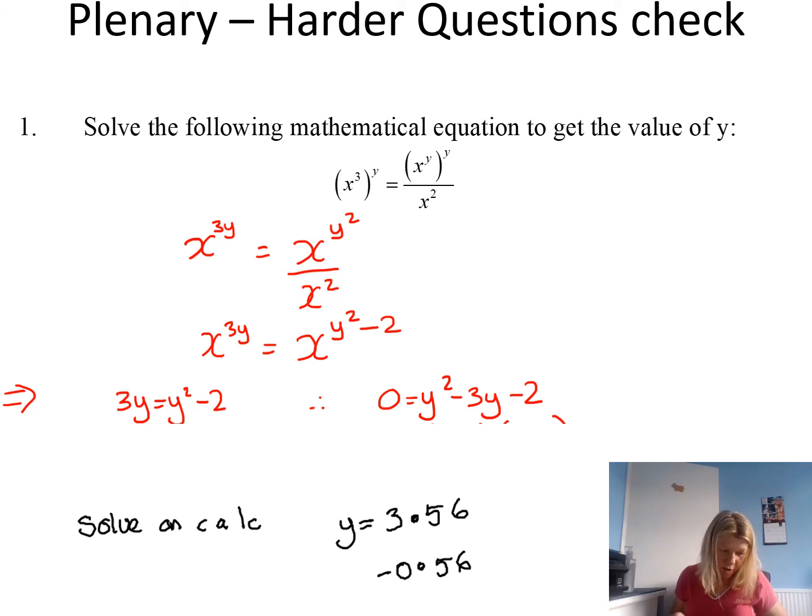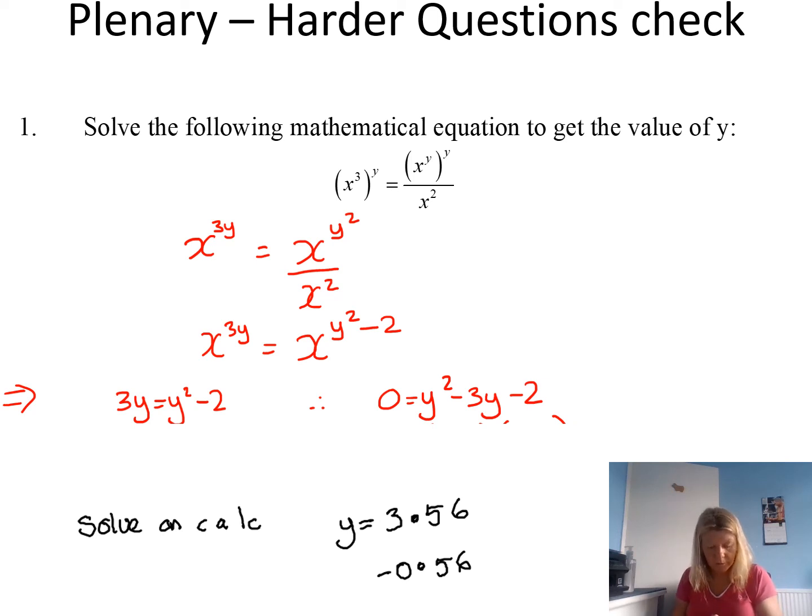You could solve quadratics with the calculator if you've got it. From the menu, if you choose equation, you press polynomial degree, that means the highest power, 2, and then you can pop in a, b, c equals 0.